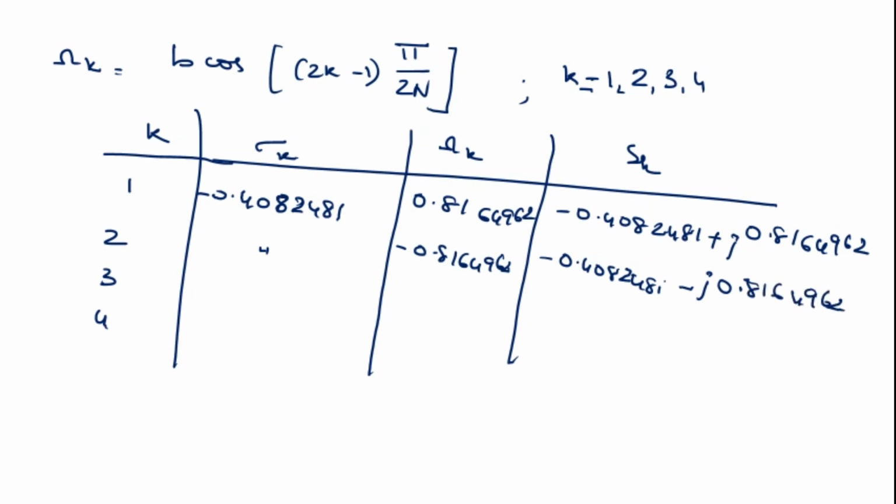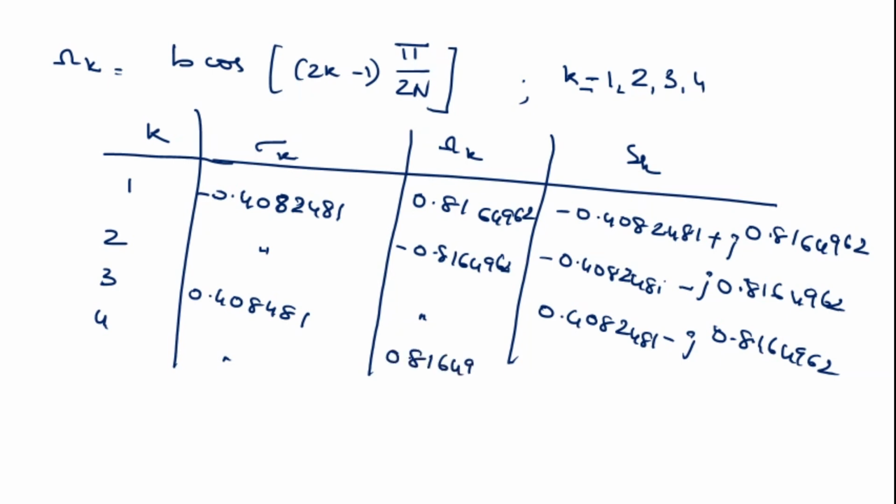And for k equal to 4, we get 0.4082481 plus j 0.8164962.